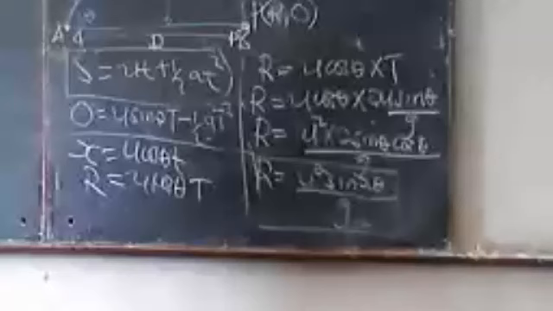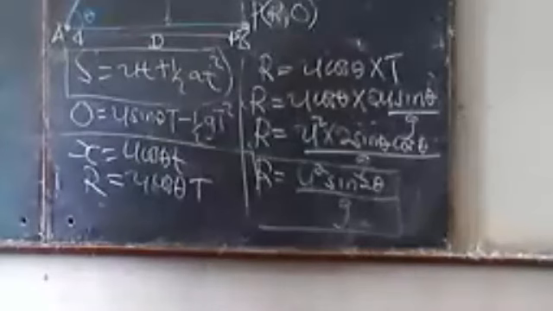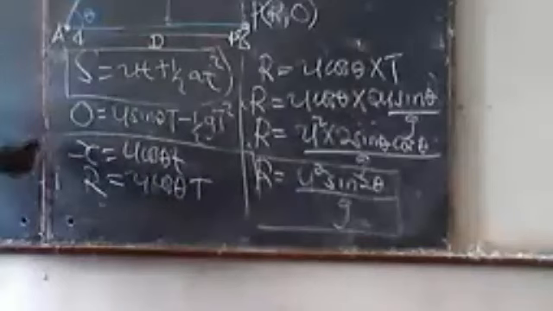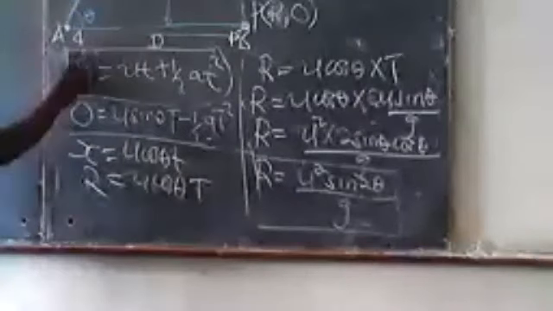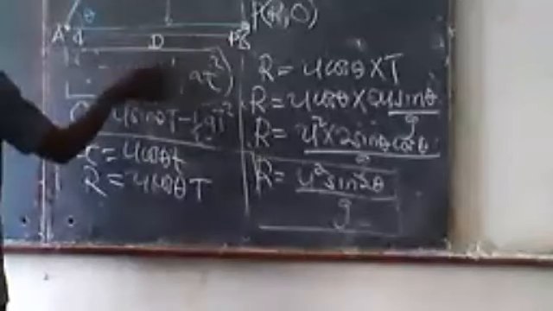Then you find the expression for capital R. Is it okay? So we have derived the range as U squared sine 2 theta out of g.